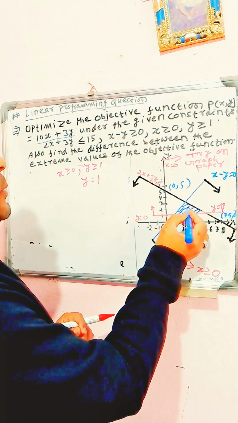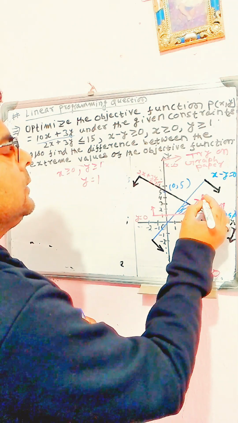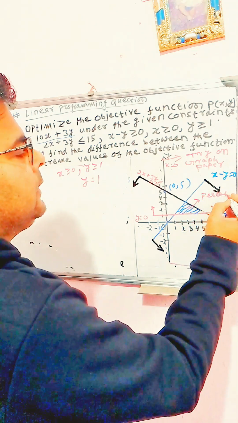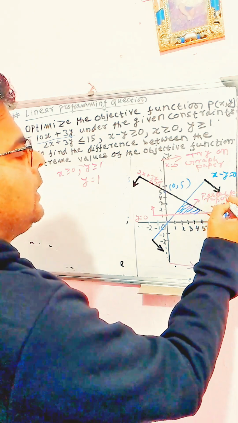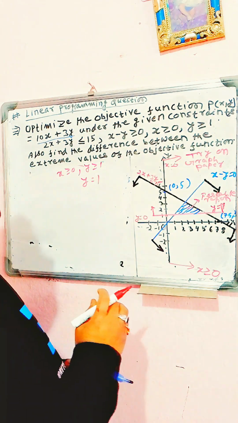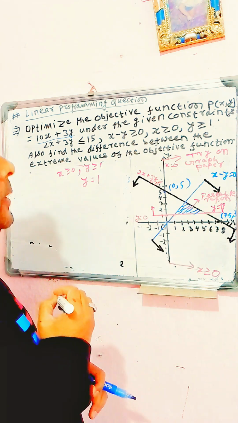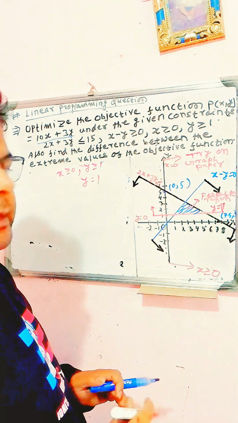That means this is the common region, which is called the feasible region. Now we do the optimization, the maximization or minimization, in this common region.